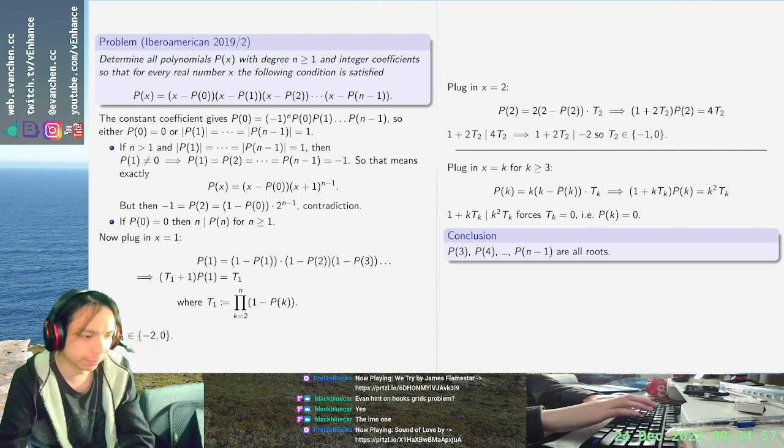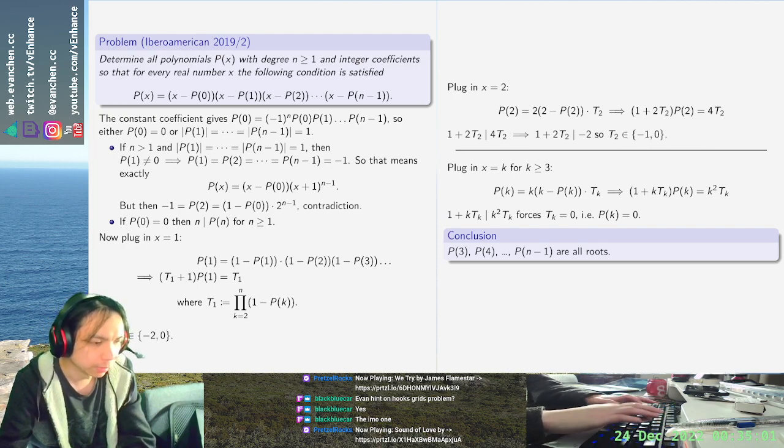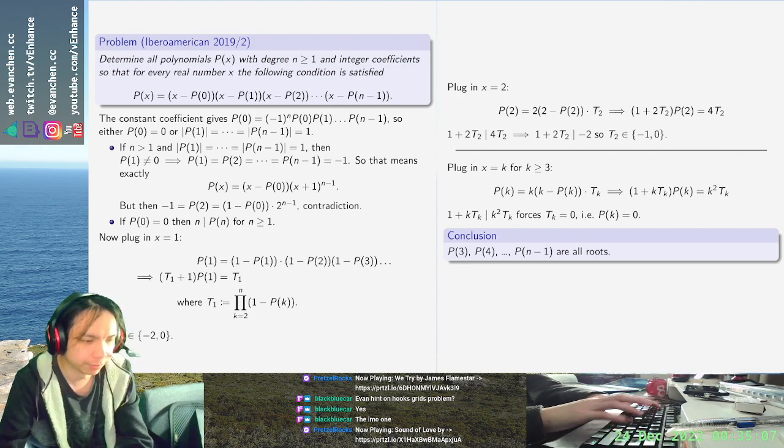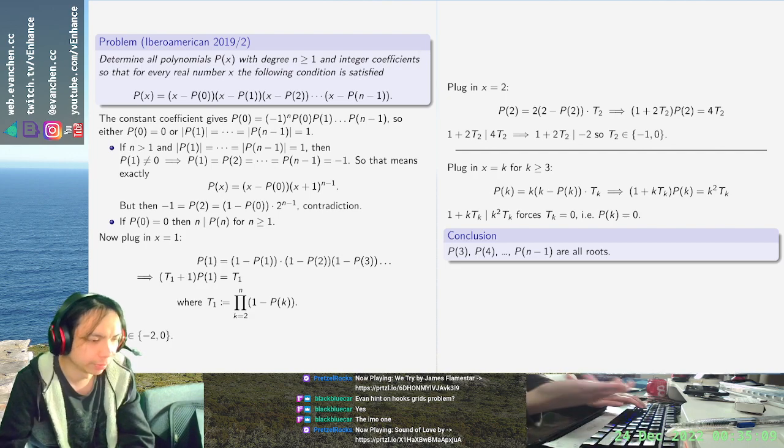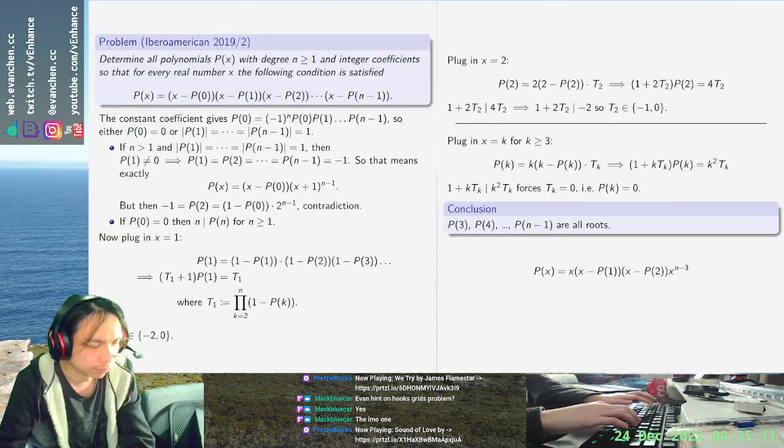Okay, so maybe at this point we can just run it over, right? X minus P1, X minus P2, and then X to the n minus 3, for n at least 3, is the identity that we get.